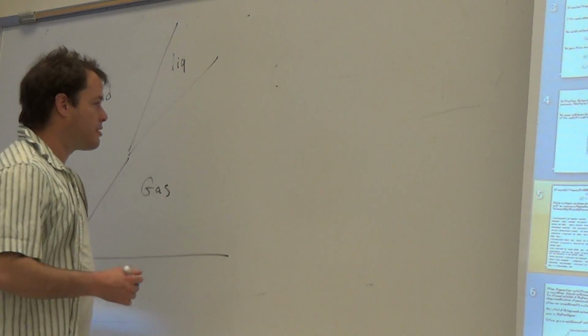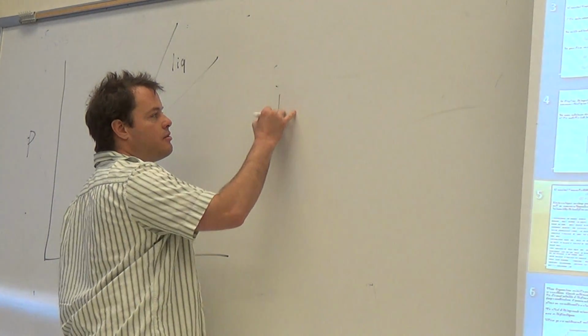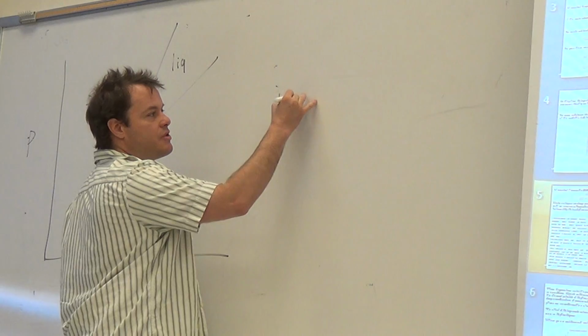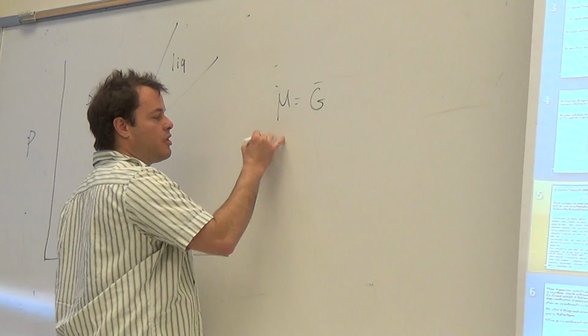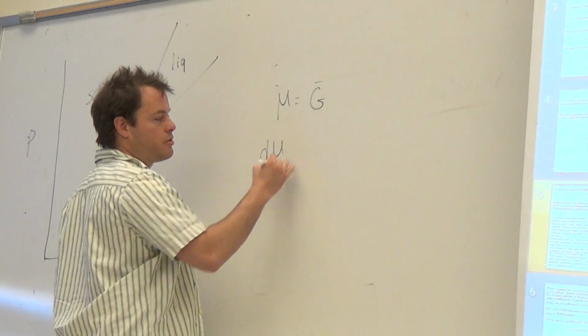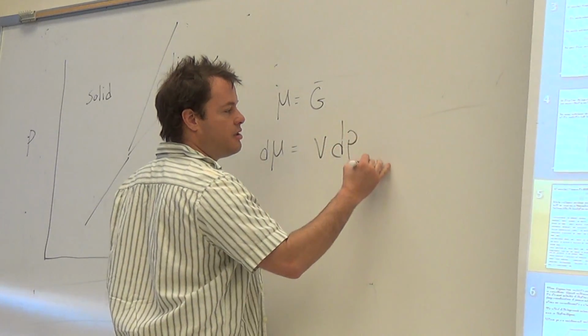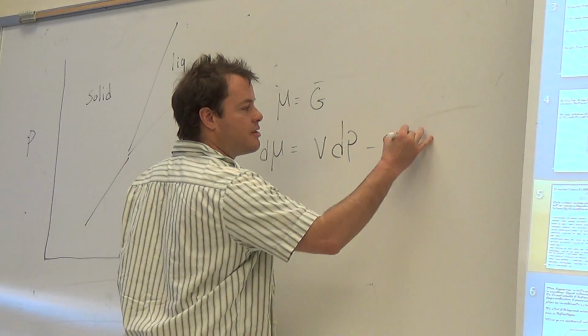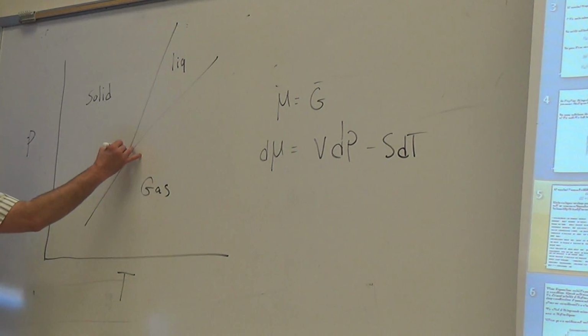And we had an equation that said that mu is equal to the Gibbs free energy per mole, d mu for the substance was equal to V dP minus S dT, where V is the volume of the substance, and S was the entropy of the substance.